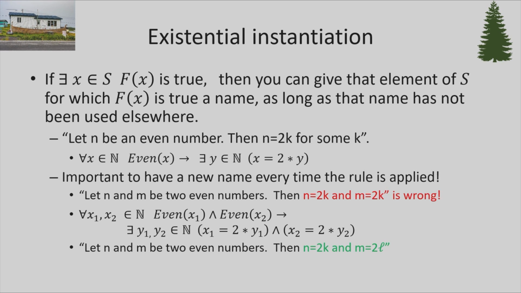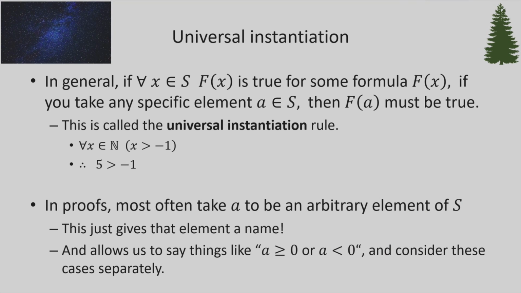So let's now look at the universal side of things. In universal instantiation, again, you start with a formula with a quantifier, this time a universal quantifier, and we strip the quantifier and give it a name. But there is a big difference here.